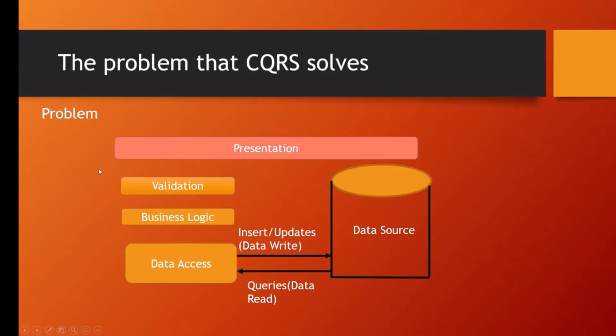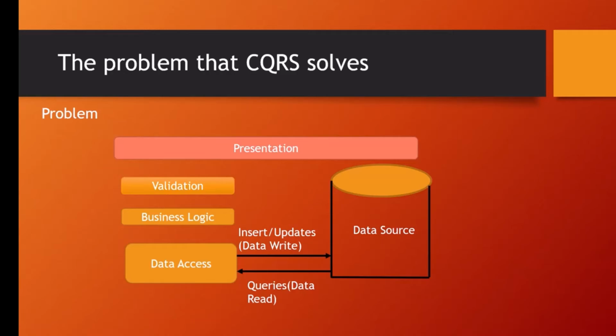Now this is the diagram which shows the conventional presentation layer, and it has validation, business logic, and data access. We have the inserts and updates, which are data read-write operations, and the queries, which are fetched as SQL select statements, retrieving the data, and this is the data source.